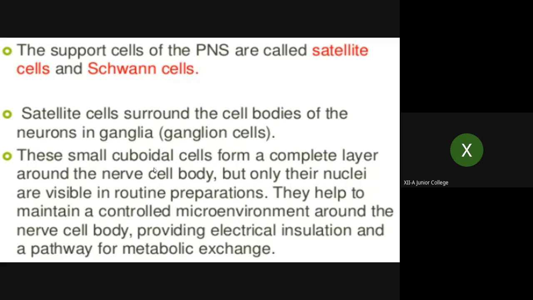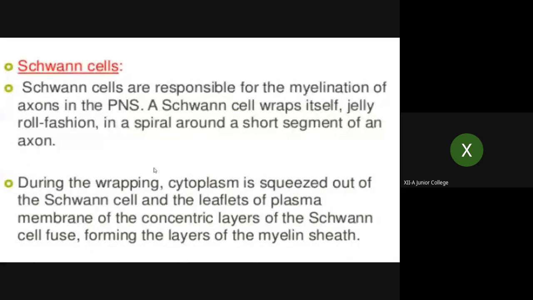They help to maintain a controlled microenvironment around the nerve cell body, the cyton, providing electrical insulation and a pathway for metabolic exchange. See, like the axon has an insulating substance, myelin, here these satellite cells surround the cyton and provide electrical insulation and also a pathway for metabolic exchange. Now, Schwann cells, as I showed you, are responsible for myelination of the axon in the PNS.